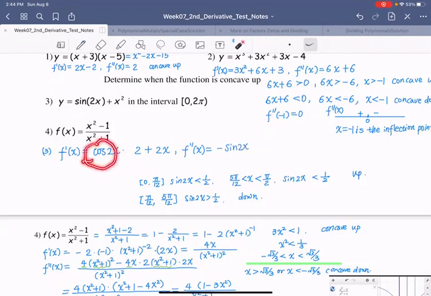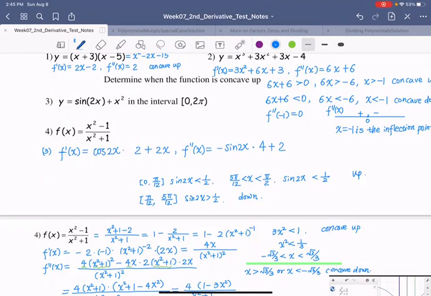This guy is using the chain rule, so we have to times another 2, and then times this 2, so that's times 4, right? Very good. And this guy's derivative is plus 2. Make sense?